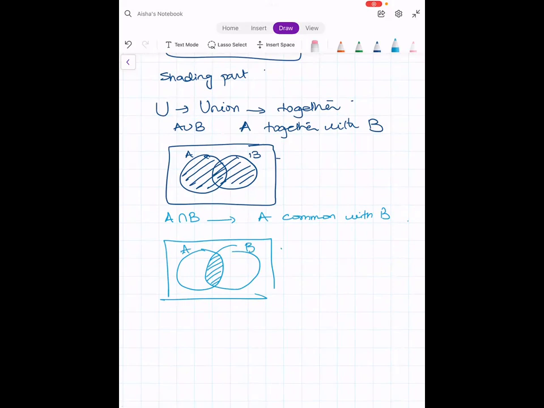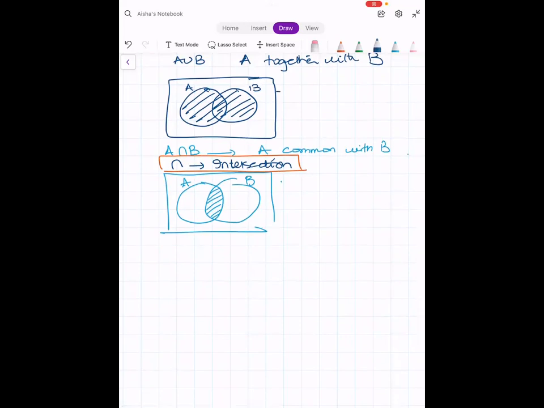Okay, now let's move on to more notations. So the first notation is union. The second notation, I'll write it here, is intersection. So you say A intersection B, which means A common with B. Now the next notation is A complement.